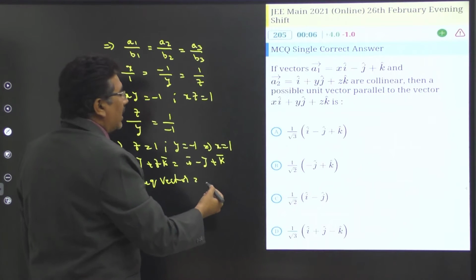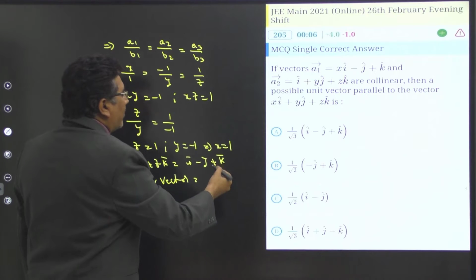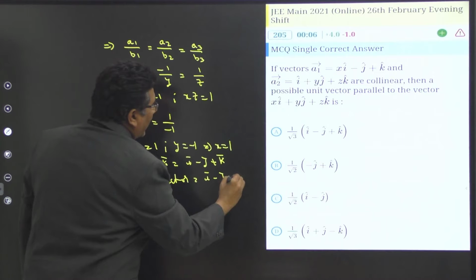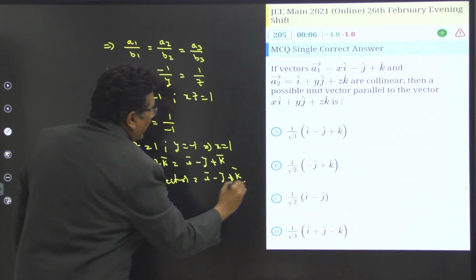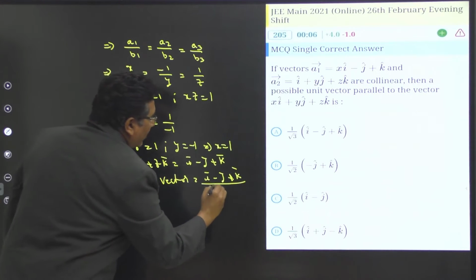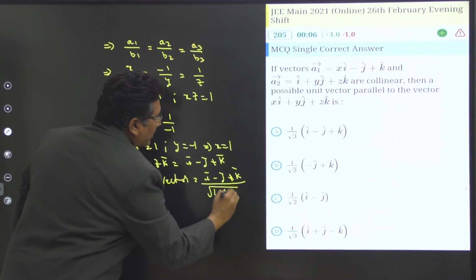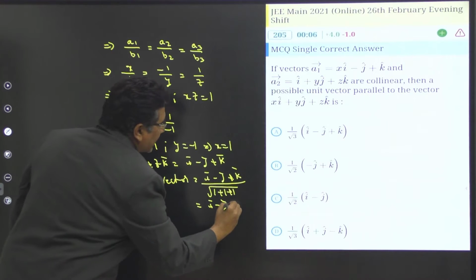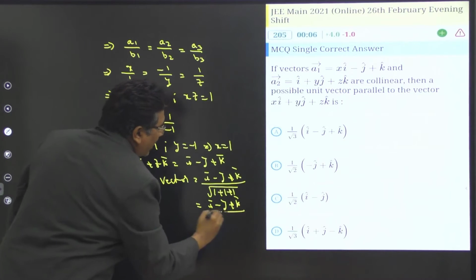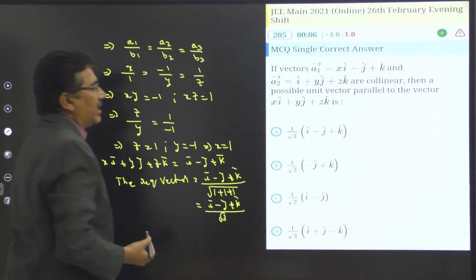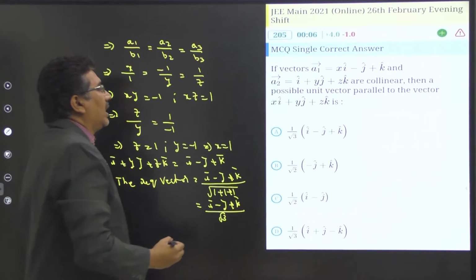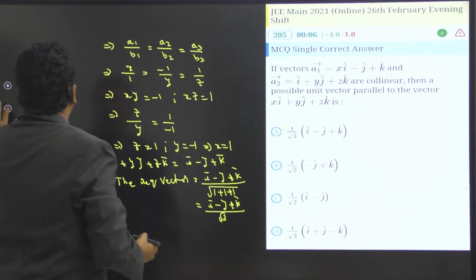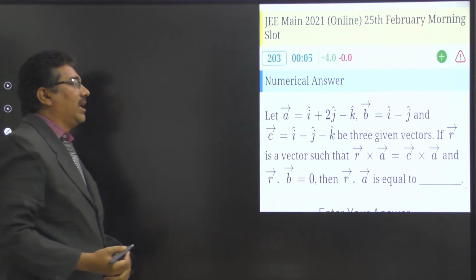The required vector is i bar minus j bar plus k bar divided by its magnitude, square root of 1 plus 1 plus 1, that is equal to i bar minus j bar plus k bar divided by root 3. Therefore the answer is option A. Now let us see the next question.